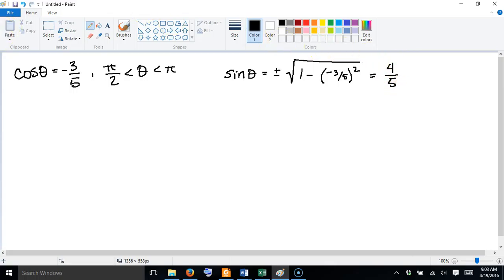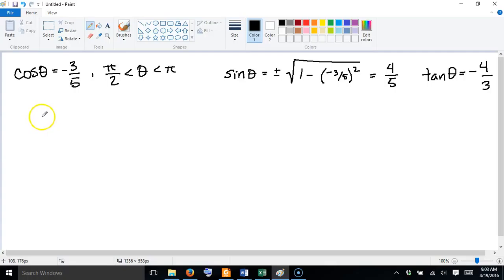Now that we know cosine and sine, we can also figure out tangent. Tangent of theta is equal to sine over cosine, so it's going to be equal to negative 4/3.